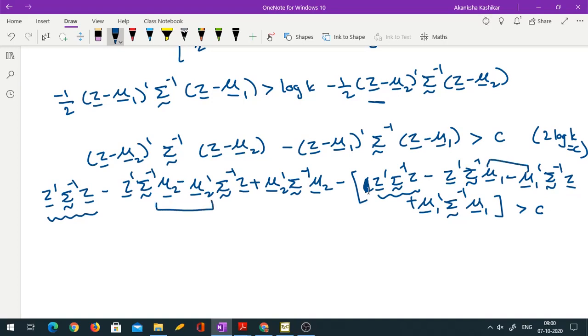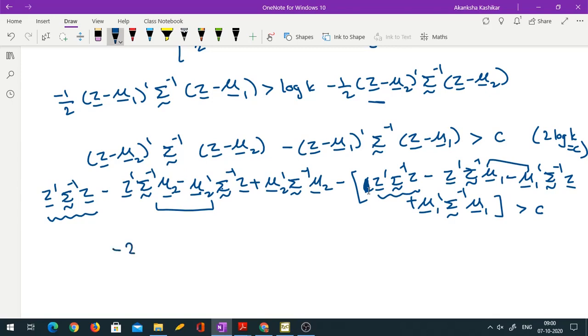Can I combine the cross terms? Z prime sigma inverse mu2: if you check the order, Z prime is 1 cross p, sigma inverse is p cross p, mu2 is p cross 1. So this is a scalar, and this is also a scalar, and these are transposes of each other. Mu2 prime sigma inverse Z whole transpose is Z prime sigma inverse mu2. If they are scalars and transposes of each other, they are basically the same.